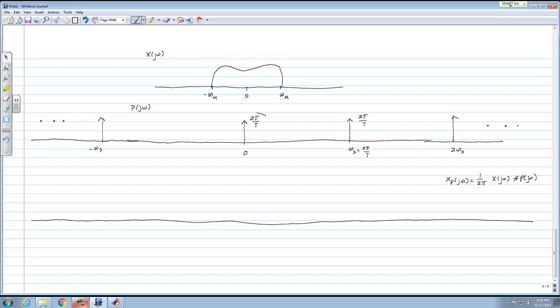If I just look at the impulse that occurs at 0, what happens when I convolve X of j omega with it? I get X of j omega back, except that it's going to be multiplied by 1 over T, because I want to multiply by 1 over 2 pi here.